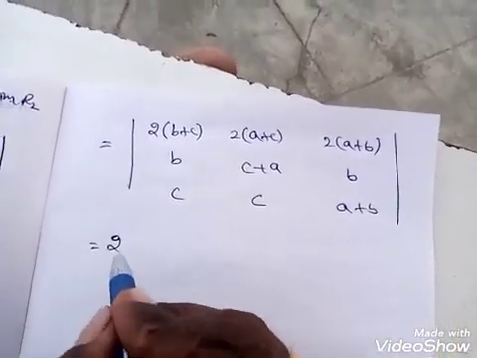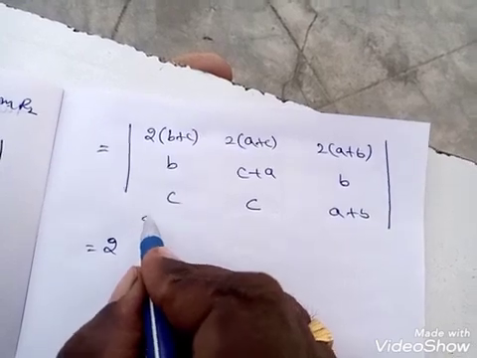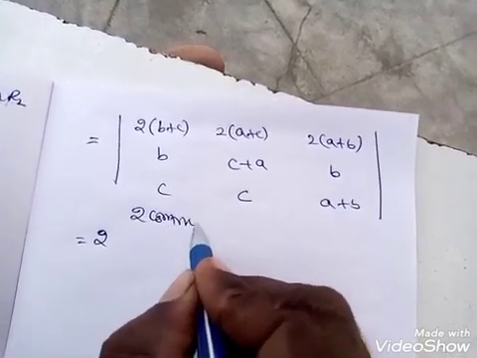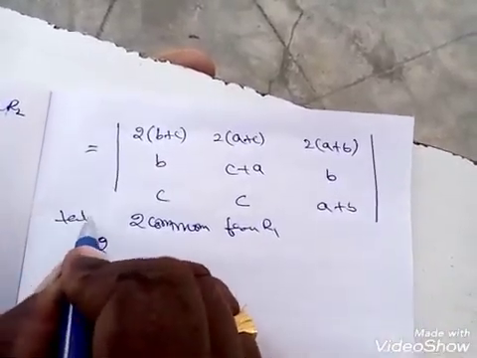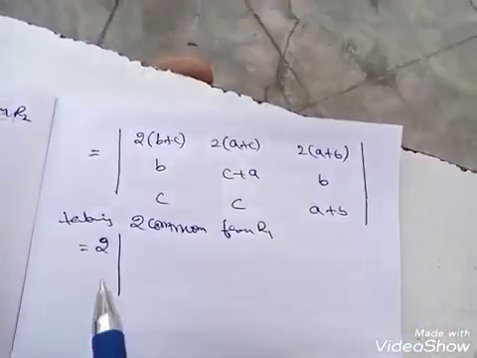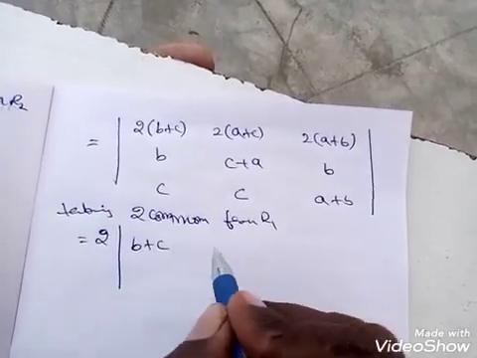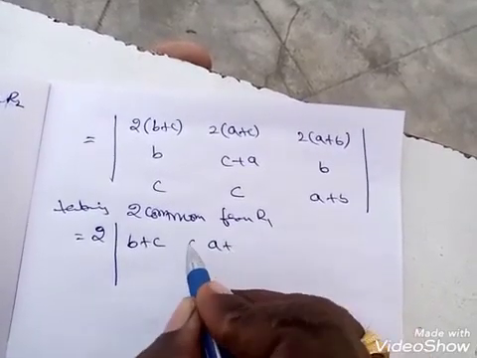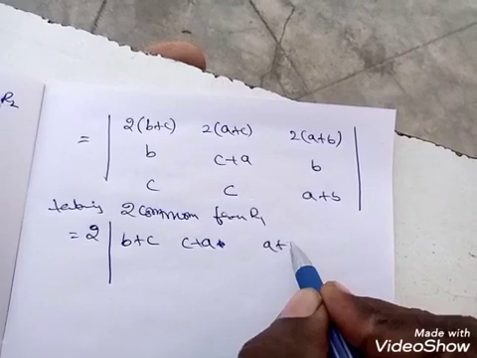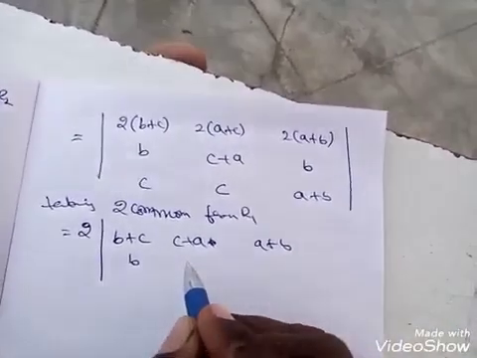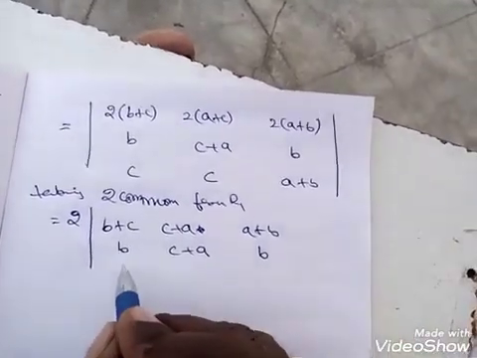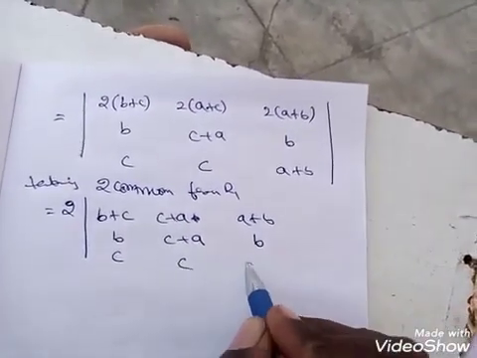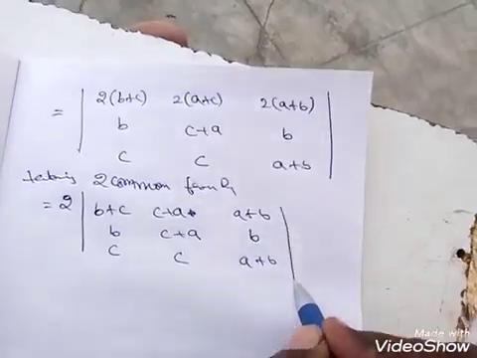If I take 2 common from R1, what are you going to get? 2 into the determinant of B plus C, A plus C, A plus B, and B, C plus A, B, and C, A plus B.